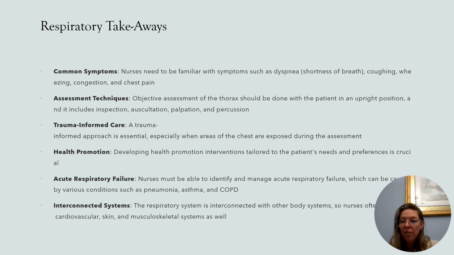Asthma, which can have acute exacerbations, but is a chronic condition. COPD, which are chronic and life-limiting conditions. So recognizing and understanding the differences of all of these is really important going forward.